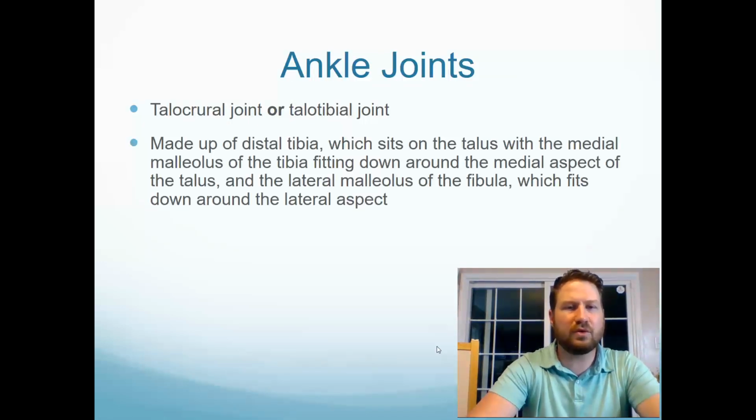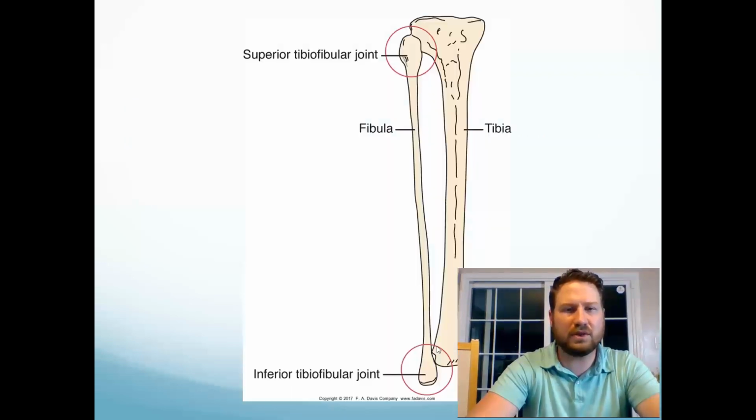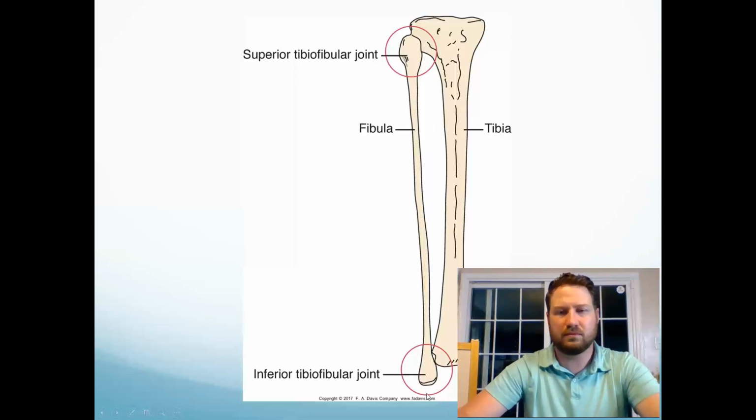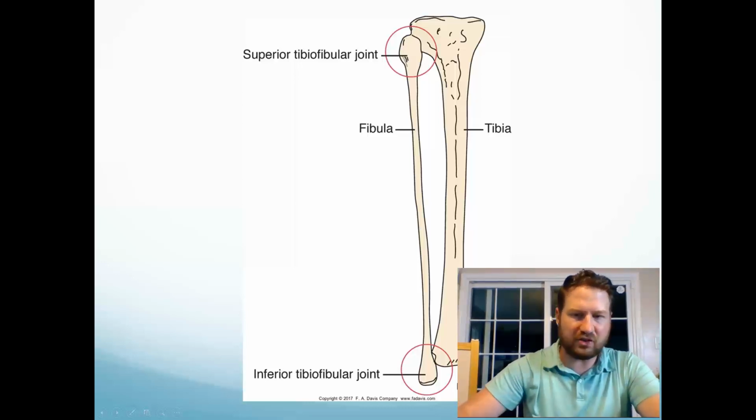So the talocrural joint or the talotibial joint, well, let's go back to this inferior tibiofibular joint. I want you to imagine that the talus is sitting up there. As it sits in that little area, it is called the mortise and tenon type of joint. It's very strong. It's kind of a woodworking term. And that talus sits up in there. When that foot goes into dorsiflexion, it stretches this joint here.